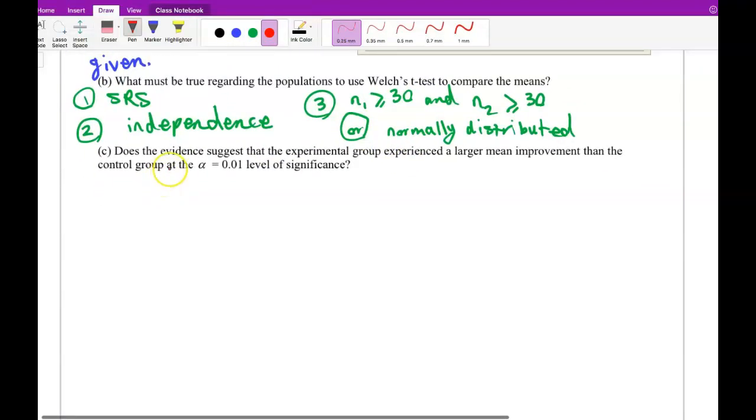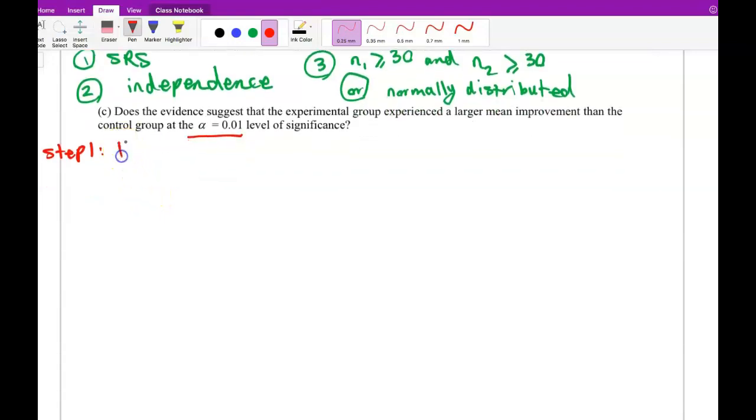Okay, now part C, does the evidence suggest that the experimental group experienced a larger mean improvement than the control group, and alpha is 1%. So starting with step 1, what is the null and alternative.